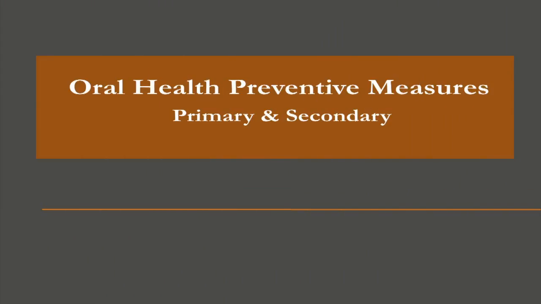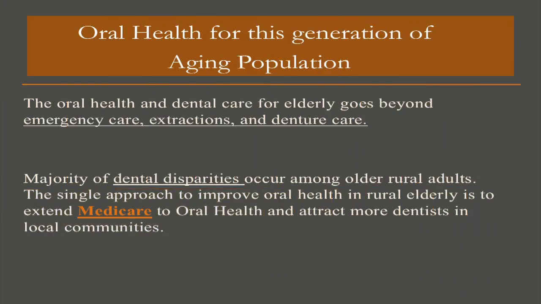In this section, we will be discussing the primary and secondary oral health preventive measures. Oral health and dental care for the aging population goes beyond emergency care, extractions, and denture care.